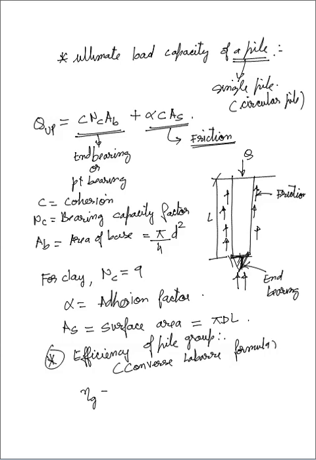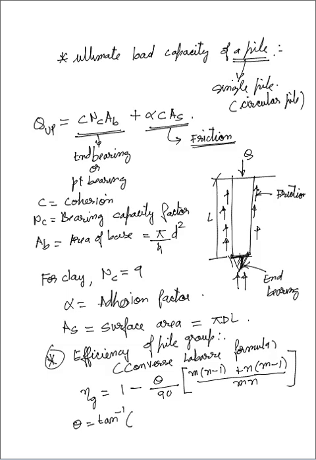Eta g is equal to 1 minus theta upon 90 times (m(n minus 1) plus n(m minus 1)) divided by mn, and theta is equal to tan inverse d upon s. So remember this formula, where d is the diameter of the pile and s is the spacing between piles.